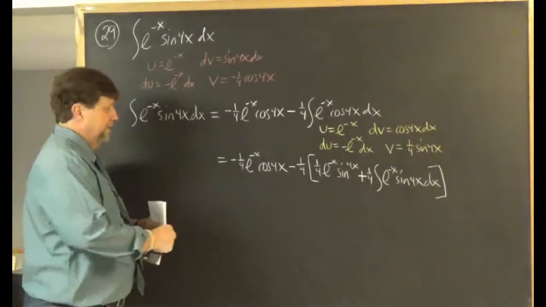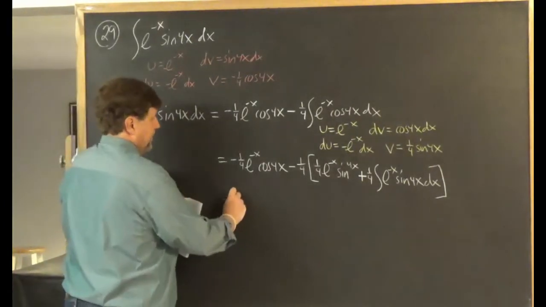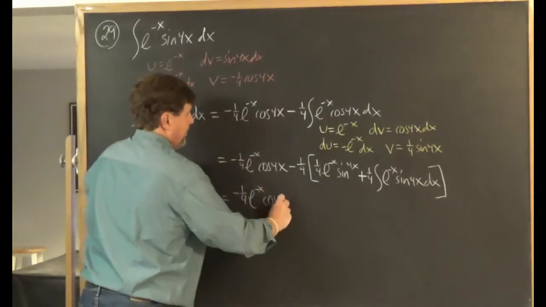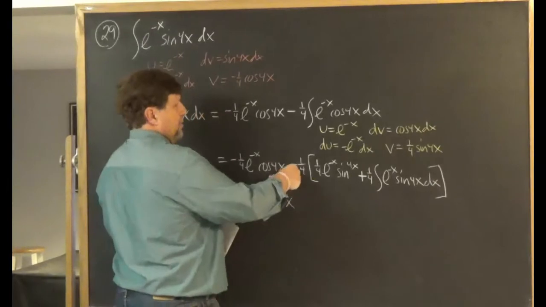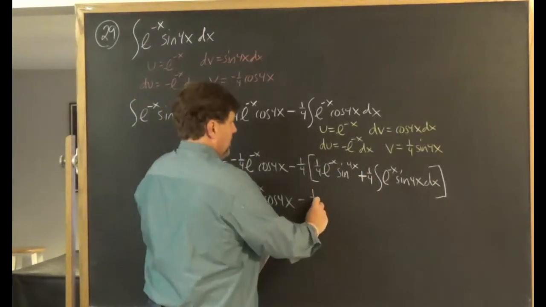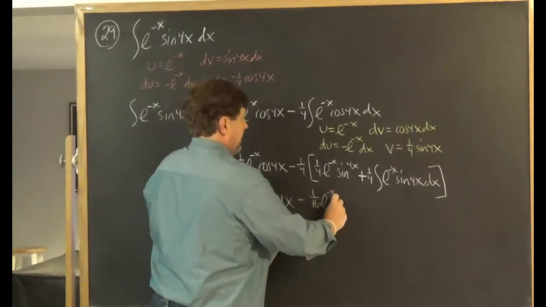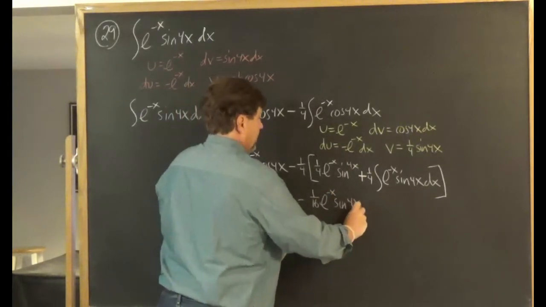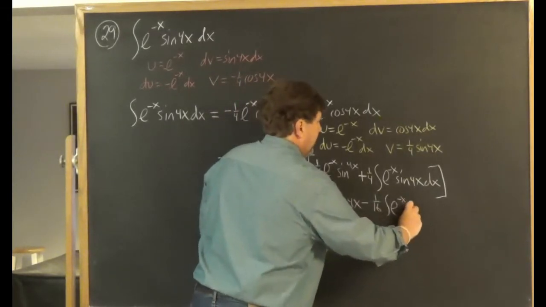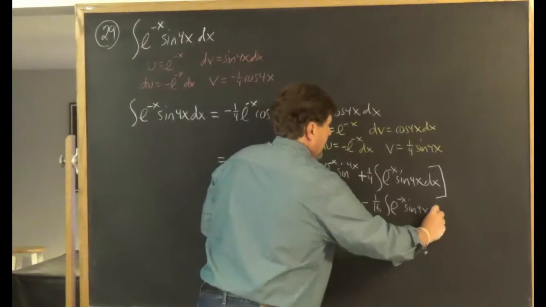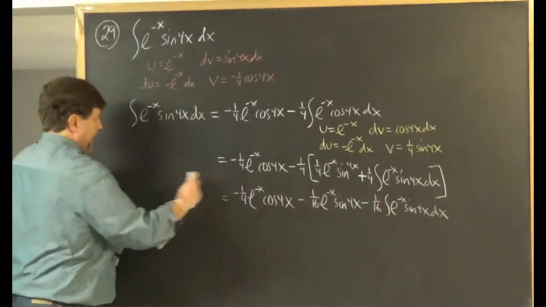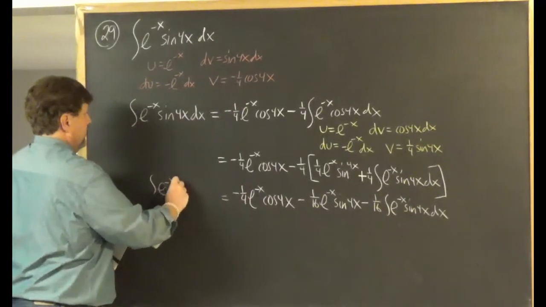So here's what I would do. Just a little bit of cleanup. Let's distribute this negative 1/4 on through, so I get a minus 1/16 e to the negative x sine 4x minus 1/16 the integral of e to the negative x sine 4x dx. Keep in mind that all of that mess is what this integral is.